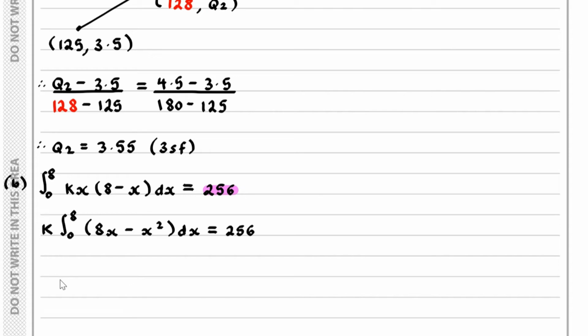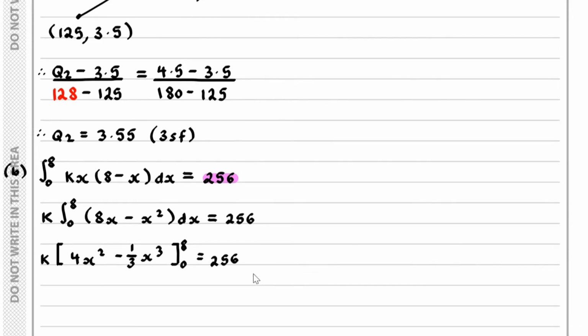So we have k, and then I'm going to multiply this by, well, if I integrate 8x, I end up with 4x squared, and if I integrate x squared, I end up with 1/3 x cubed. And I'm evaluating this between 0 and 8, and the result of this is equal to 256.